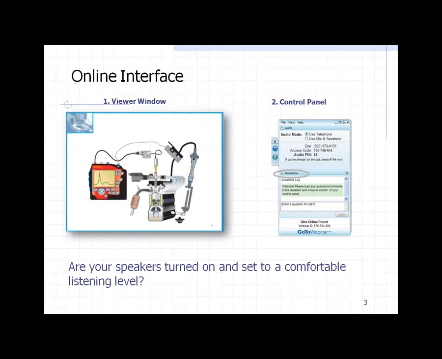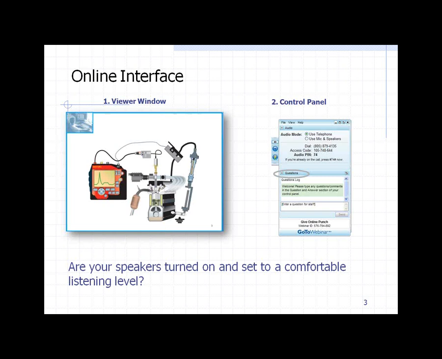Real quickly, just want to go over the online interface, as simple as it is. Just want to confirm how you can interact with us. On your left side of your screen, you have a viewer window, which is basically going to be the content that will be displayed in tonight's webinar. And over on the right, on your control panel, the one area of main importance to you is the questions pane, where in that box you can type in questions, comments, so on and so forth, that will come back to us through the webinar interface so that we can see what's on your mind.